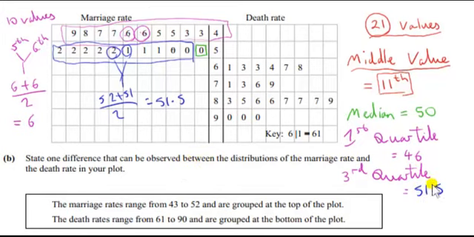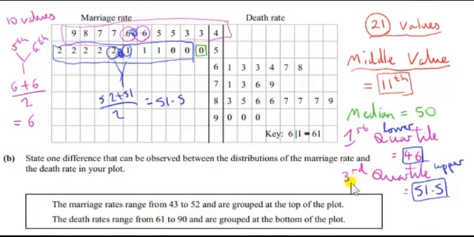Okay, the interquartile range is just the difference between these two values. It's a measure of spread or dispersion of the marriage rate values. Okay, the distance between the lower quartile and the upper quartile, or the first quartile and the third quartile. First quartile sometimes called the lower quartile, third quartile can be called the upper quartile.